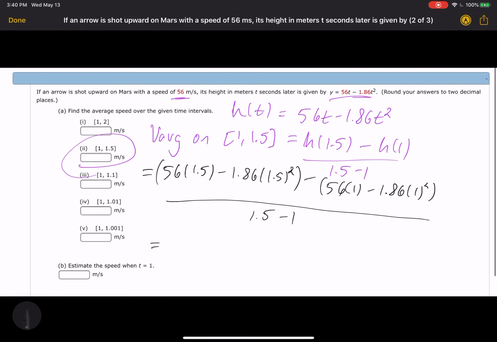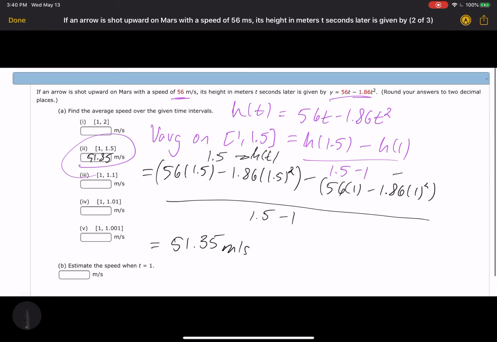At this point, you can just plug it into a calculator. The main idea is all I did was plug 1.5 into the function, and this right here, which is h of 1, I just plugged in the values and evaluated them. Then if you plug into a calculator, what you're going to get is 51.35. And again, this is velocity, so it's meters per second. So the answer I would have here is 51.35.